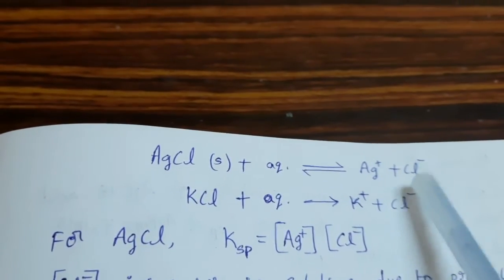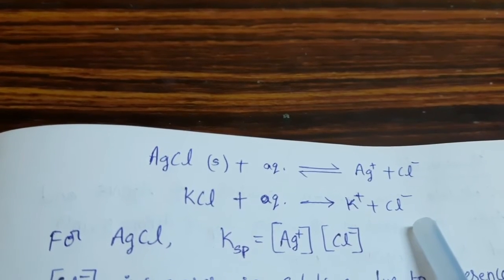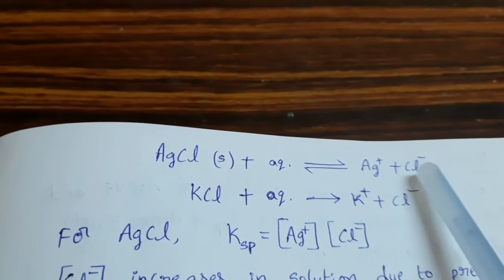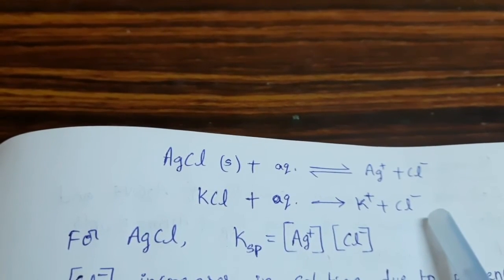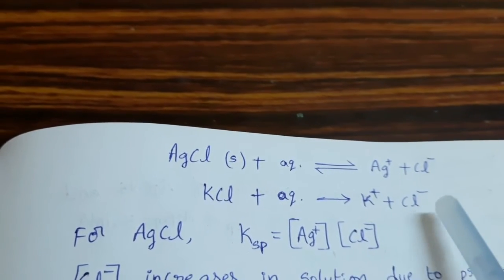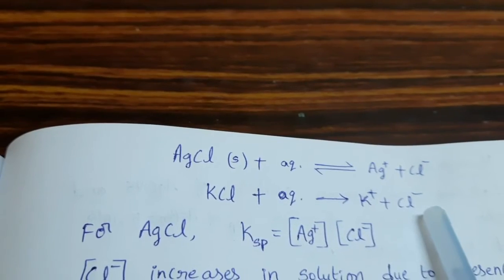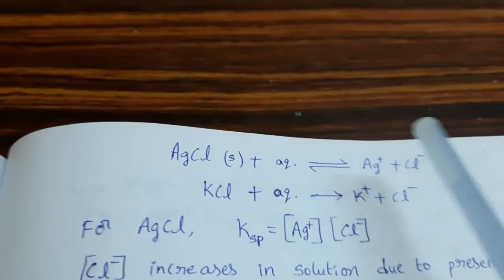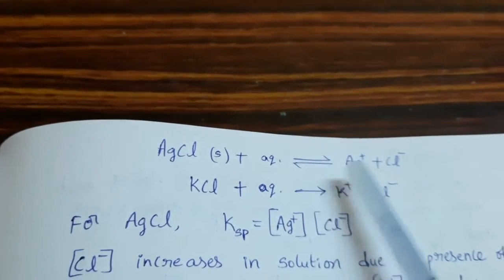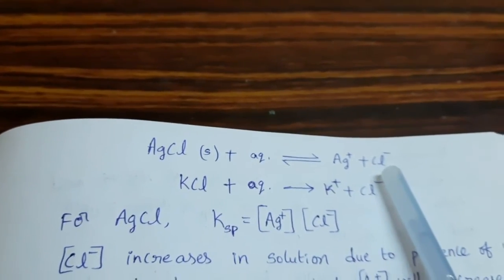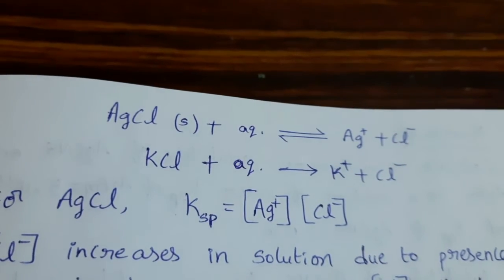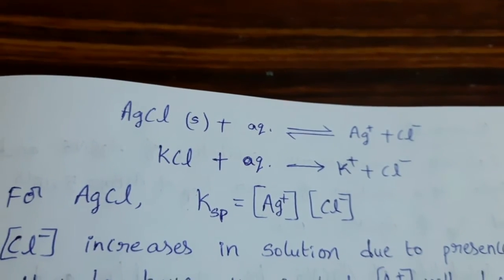In these two equilibria, Cl- ion is common. That means it is a common ion. Due to the more Cl- ion, that means the concentration of Cl- ion is more, the dissolution of AgCl is decreased. That means the backward reaction takes place. More availability of Cl- ions, Ag+ combines with Cl- and AgCl is precipitated.